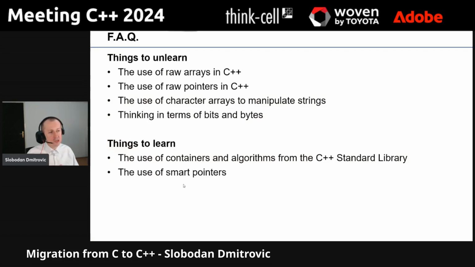And we should learn to use smart pointers as much as possible, especially, 90% of the time, unique_ptr, which was meant as a replacement for a raw pointer. And also we should learn to use the std::string type to represent and manipulate strings.